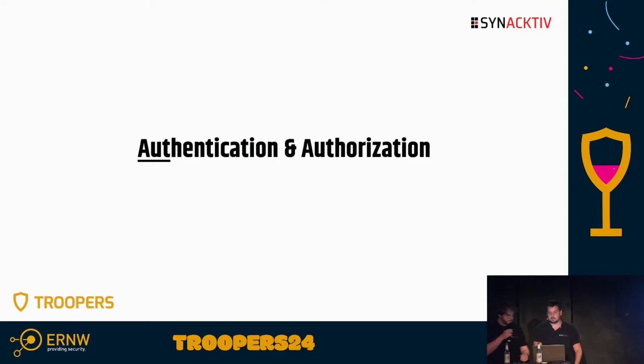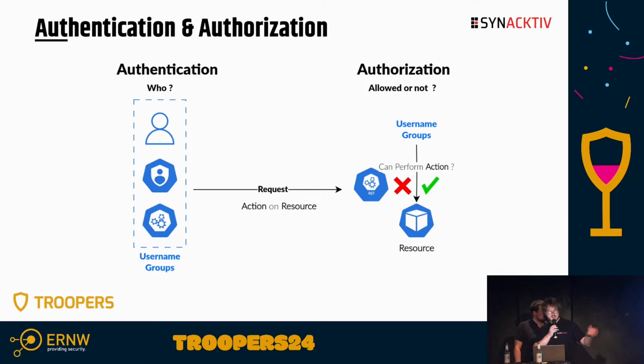Thank you, Kévin. So, before delving into the exploit itself, we will need to understand some mechanisms inside Kubernetes, starting with authentication and authorization. Authentication and authorization are two distinct steps. When you want to perform an action, you will send an HTTP request to the API server, and the caller identity will be extracted thanks to the authentication part, either from HTTP headers or through mutual TLS authentication.